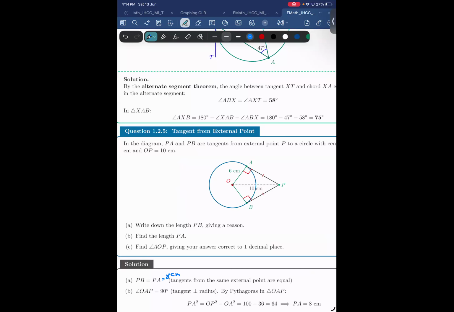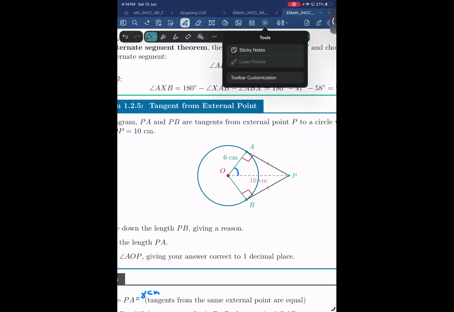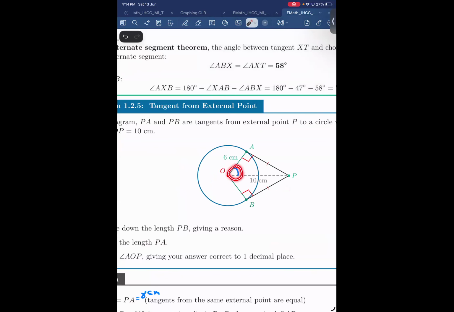Then next, find angle AOP. AOP is this over here. Since it's a right angle triangle also, what you can do is to take a trigo ratio. This angle here is angle AOP. What lengths do we know relative to this angle? We know the adjacent, we know the hypotenuse.